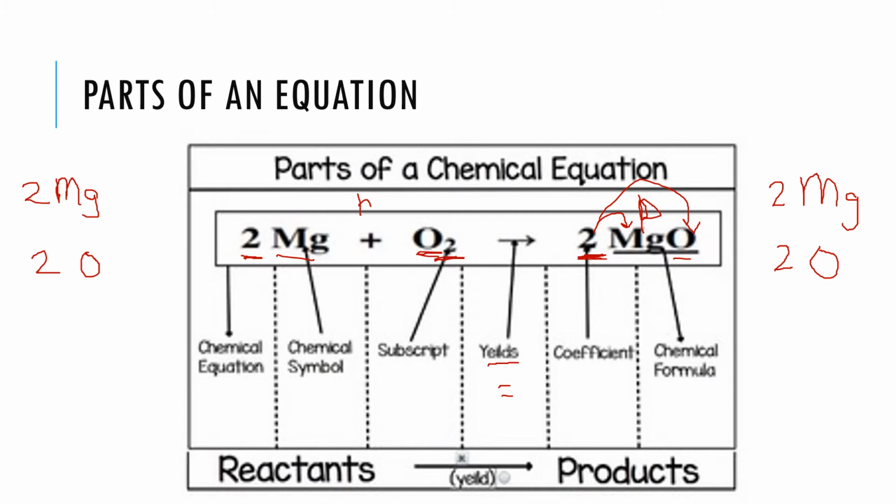And the number of oxygens in the reactants has to equal the number of oxygens in the products, which it does. So this is what we would call a balanced chemical equation, and it obeys the law of conservation of mass. What we started with is what we finish with. Now, it did change form. It formed a chemical bond and formed a new compound, but it's still the same amount of things. Nothing disappeared. And this is what I'm going to be teaching you how to do on this next slide. Okay, so here we go.